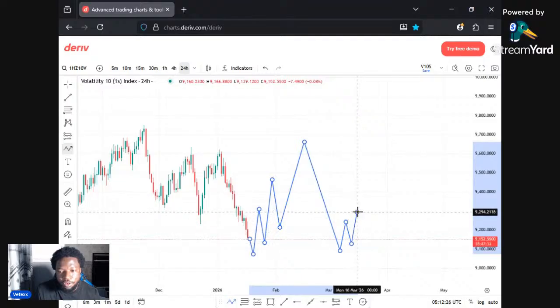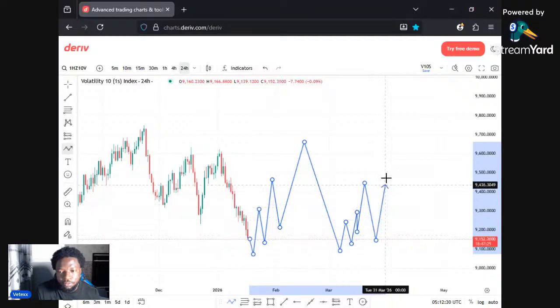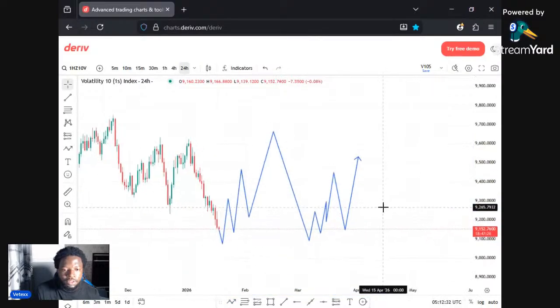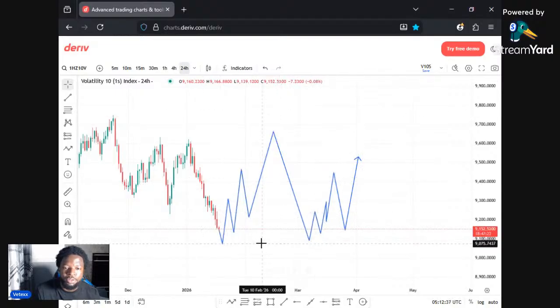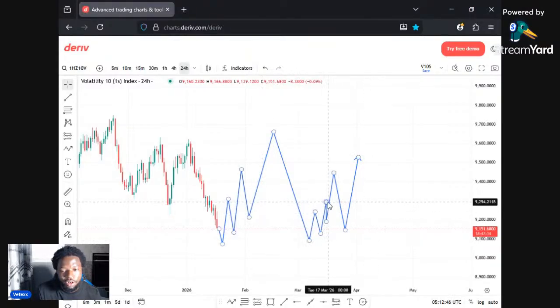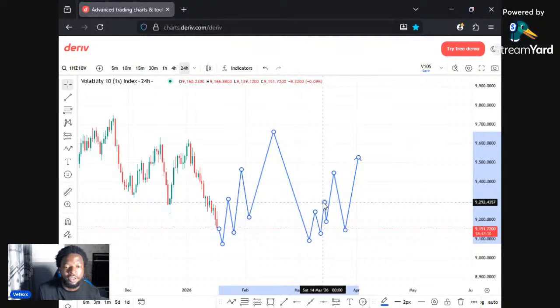Price might do something like this, okay, and then continue buying to the upside, because I know that if a trend is bearish on the weekly time frame, it's going to complete that trend before changing its trend again. So you don't have to panic. All you have to do is just wait, sit on your hands, and be patient.